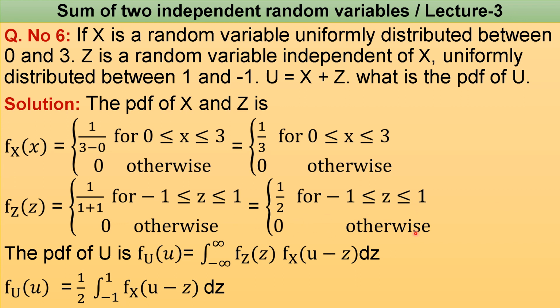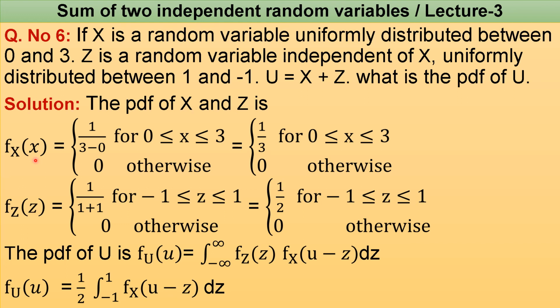So we have the probability density function of x and z. Now it is said u is the sum of these two independent random variables x and z. So the probability density function of u will be fu of u is equal to nothing but the convolution of fx of x and fz of z, which is given by integral from -infinity to +infinity fz of z into fx of u minus z dz.